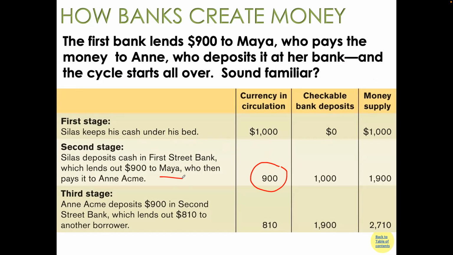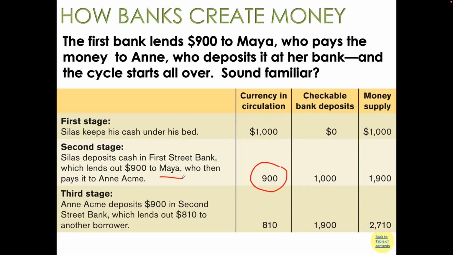Now just look at the second stage. What is the total money supply, and in what form? Again, think about money in circulation and checkable deposit. So there are two individuals now in the economy, Silas and Maya. What does Silas have? 1,000 in deposit.